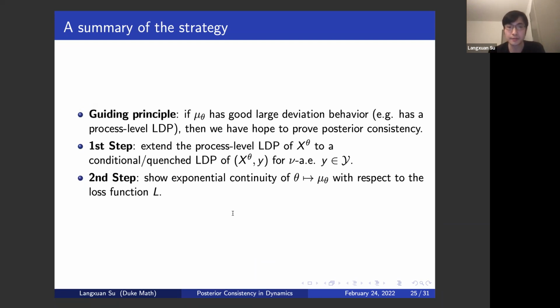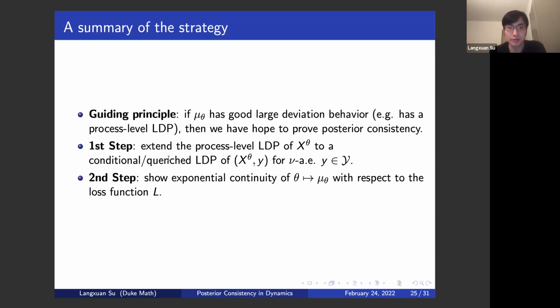The guiding principle is that if your model family has good large deviation behavior, for example, IID processes, hypermixing processes, or many other well-behaved dynamical systems, then we have hope to prove posterior consistency, which means the generalized posterior concentrates asymptotically on those parameters that minimize the expectation of the loss plus some divergence term.